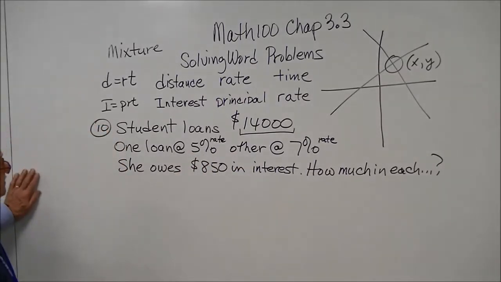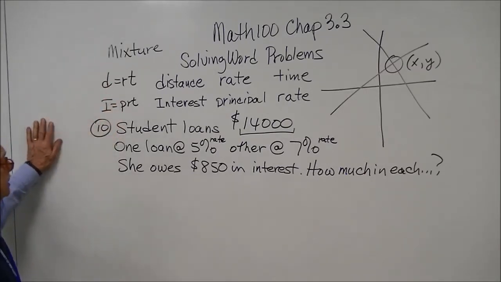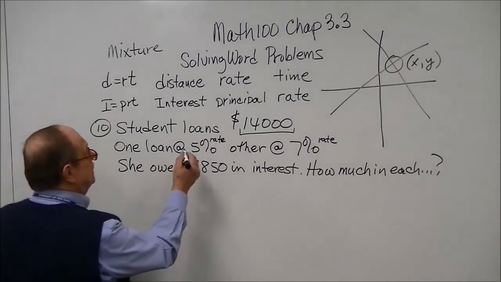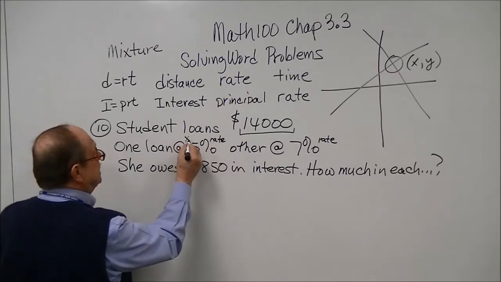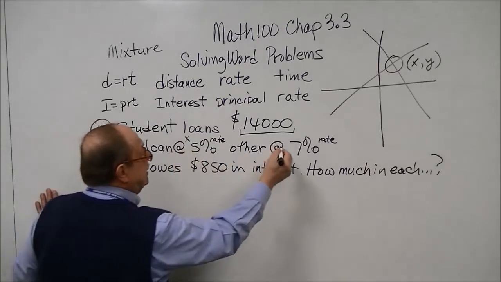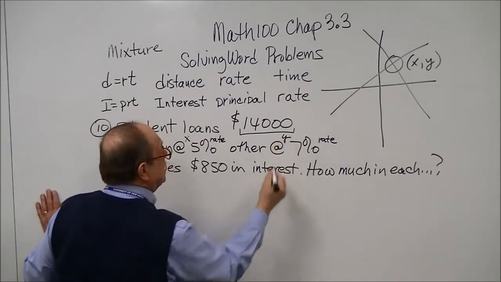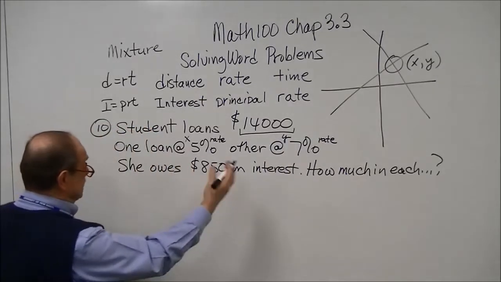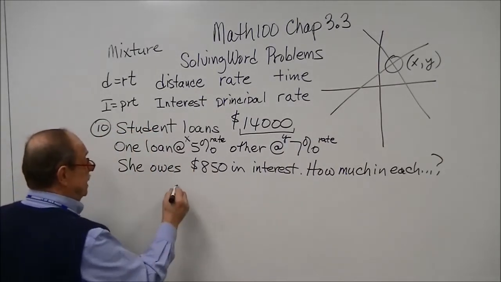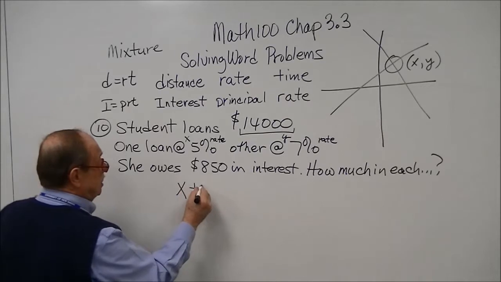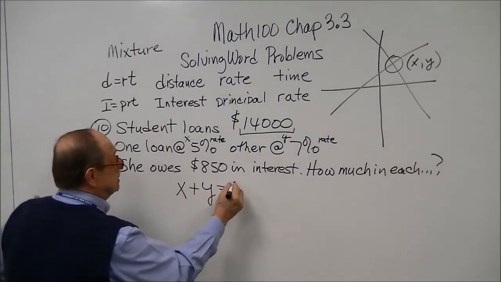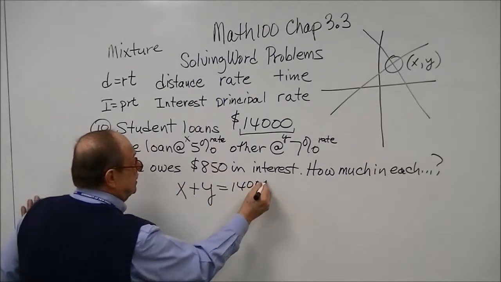Okay, so again, how do we do it? And again, this is sort of a mixture problem. So what do we know? Well, we're going to call the 5% x and the 7% y. So that gives us our first equation, that x plus y equals 14,000.